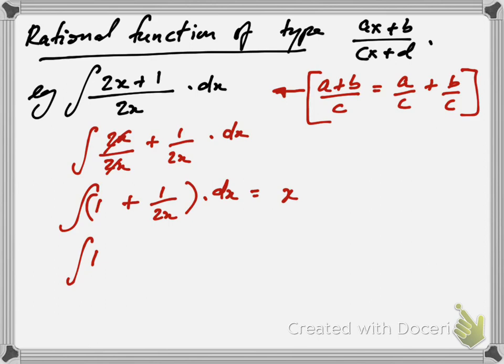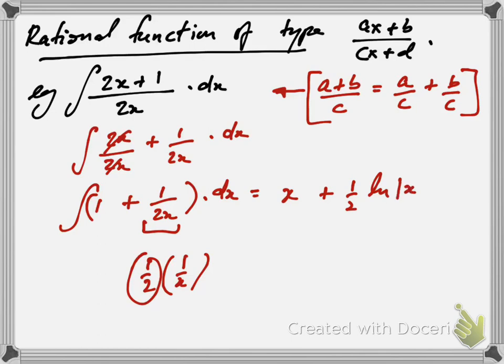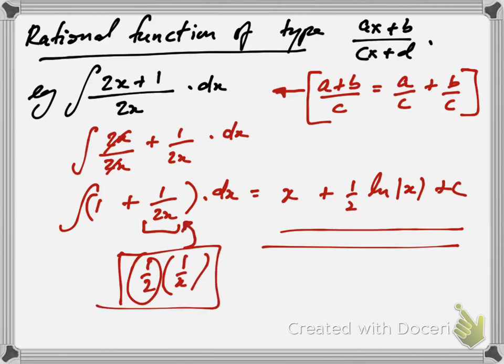So this can be half times 1 over x, and that can come out of the integration sign, so plus half ln of x plus c, and that's your function right there. So this is just if you split that up. Okay, moving on to more.